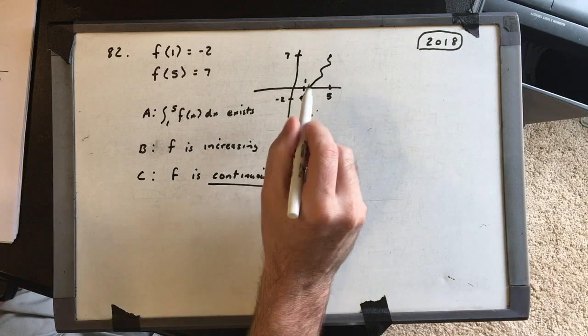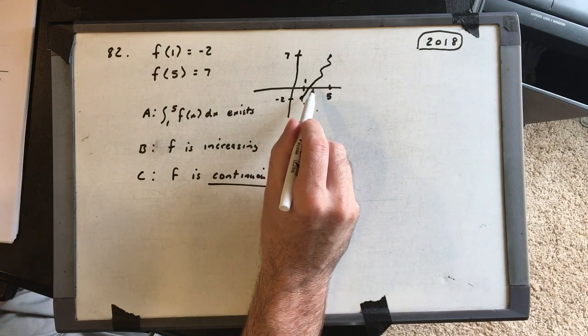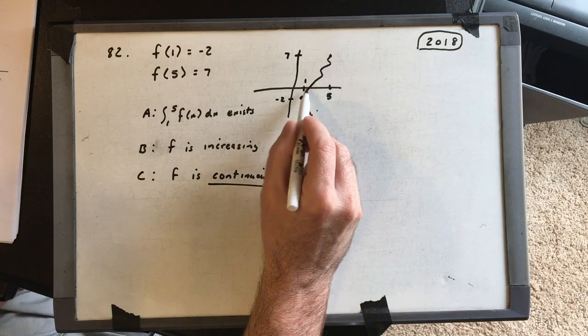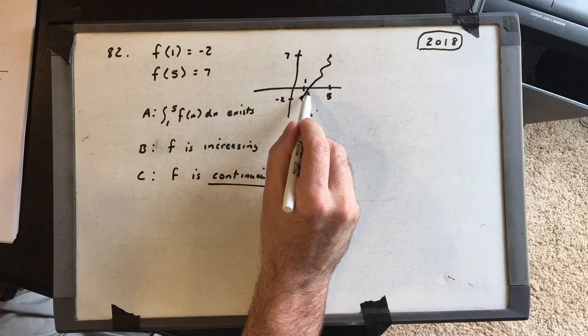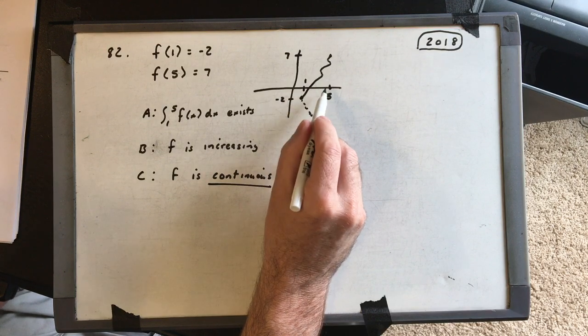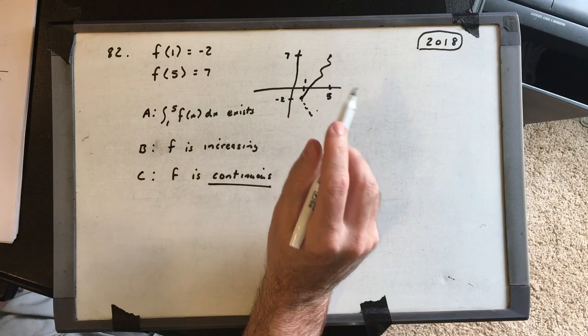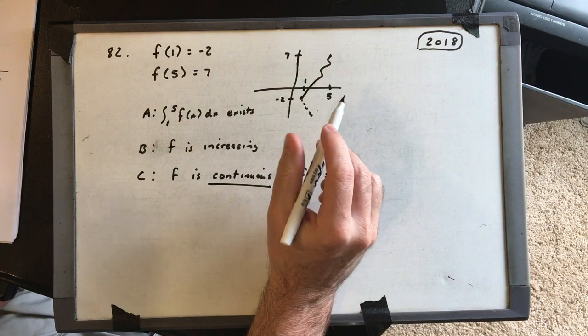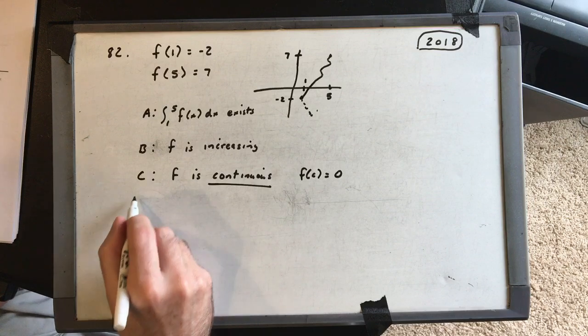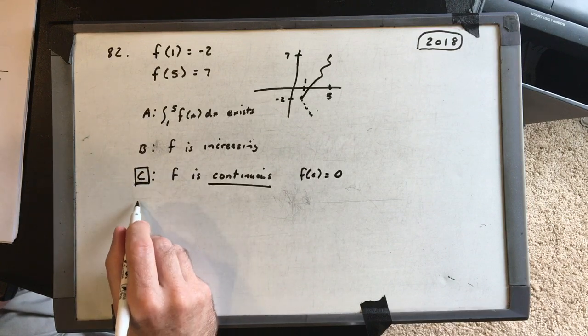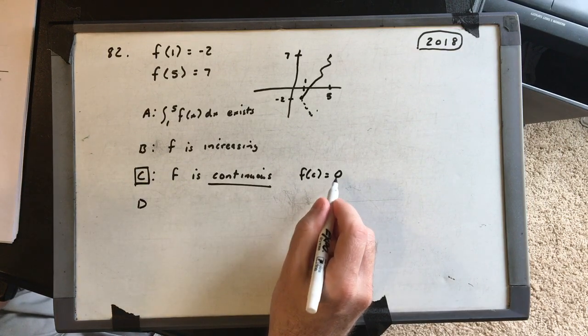It's guaranteed to cross the x-axis if the thing is continuous. If it's not, you could have a break there along the x-axis, and it doesn't say that it's necessarily going to do that. So continuous is the one that will give you a 0.